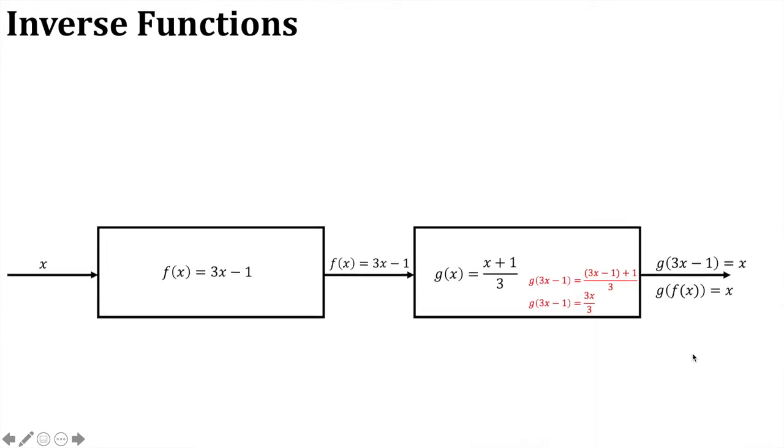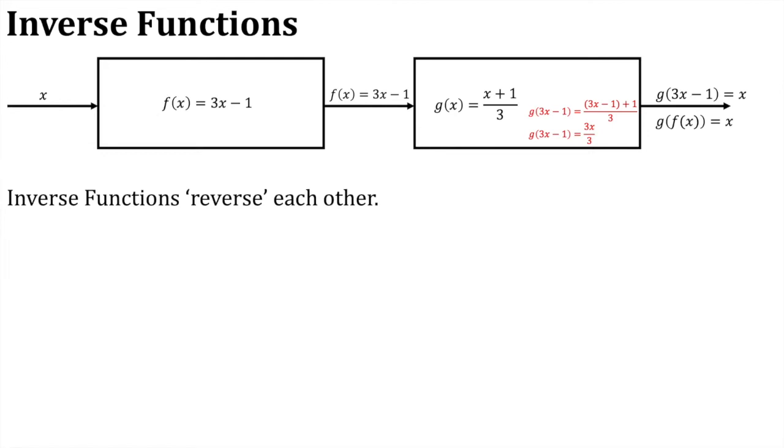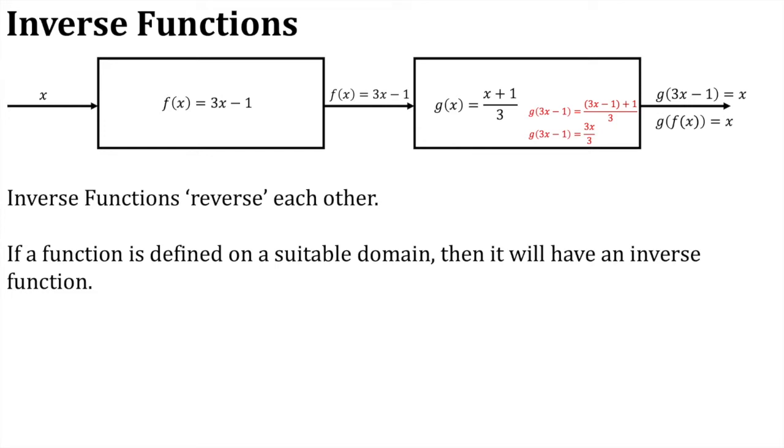So let's just explore this a bit more. Inverse functions reverse each other. They do the opposite of each other. They're opposites, they are inverses. If a function is defined on a suitable domain, then it will have an inverse function.